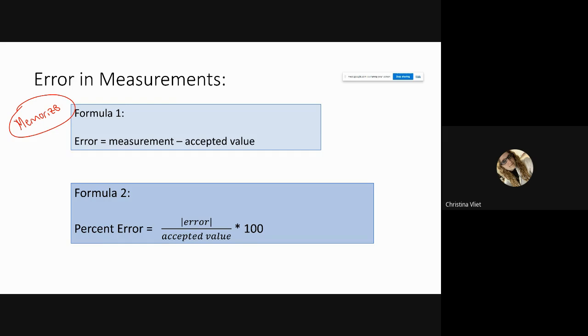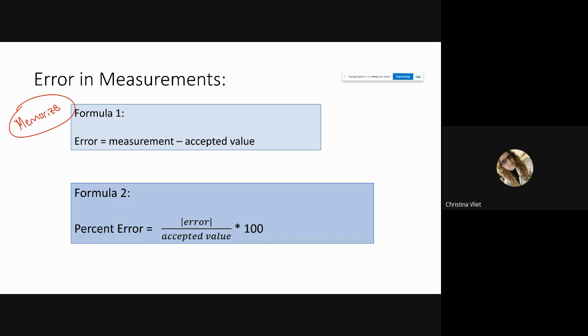So in order to establish what's called error, you have to know the following formula. Error is the measurement you took subtracted with what is considered to be the true value or the accepted value.